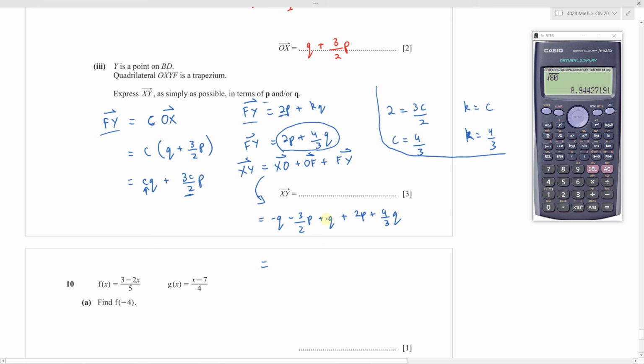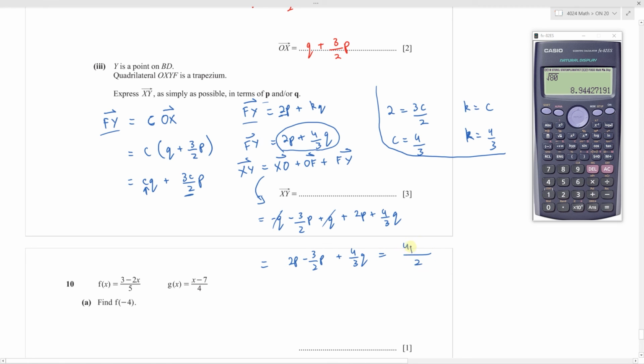So now let's simplify this. Plus Q minus Q is 0, so this will cancel out. Then you have 2P minus 3 by 2P plus 4 by 3Q. Now if I take the LCM, LCM will be 2.